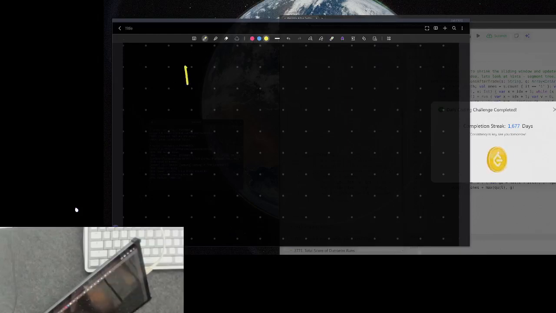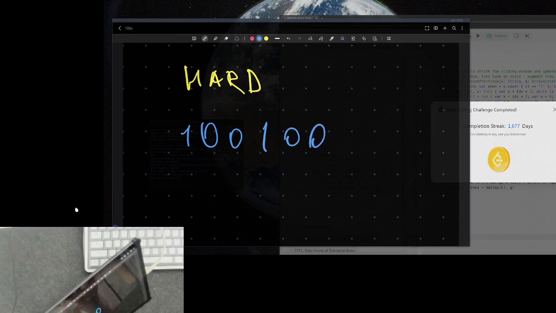Today we have a hard problem. Given some binary string, we want to find, for each query of the positions, what is the maximum possible number of ones we can have.